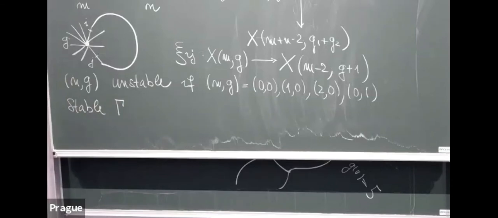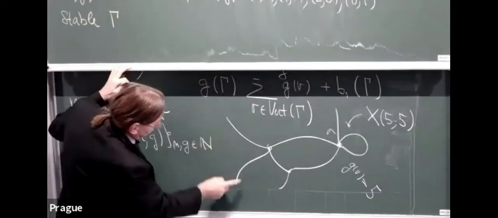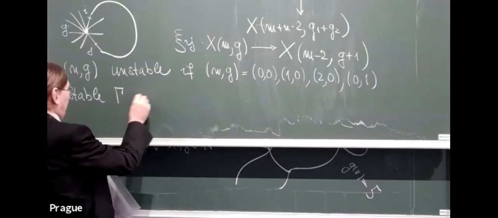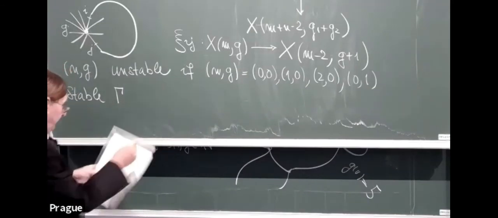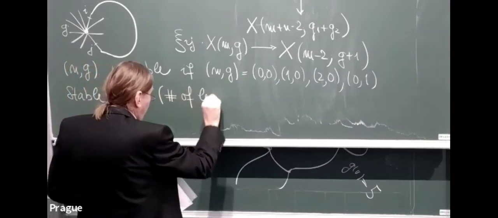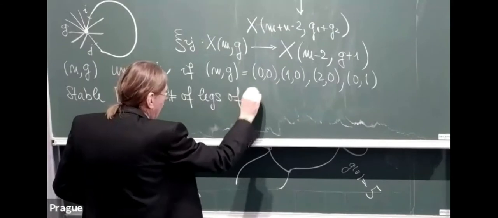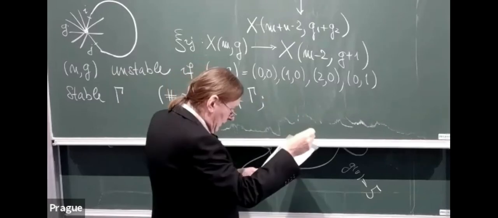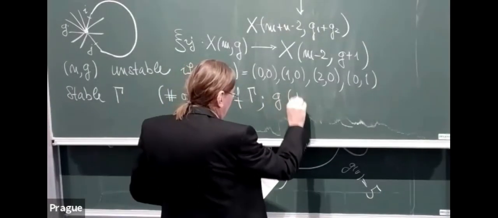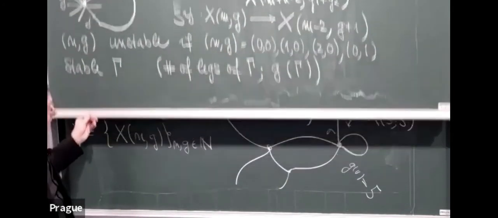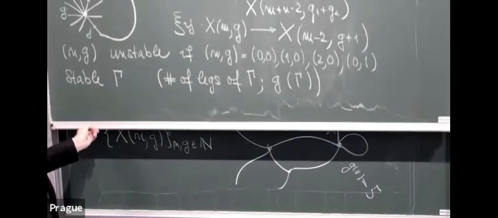So, stable graph. It has some number of legs, these external half edges. A graph gamma is stable if the couple consisting of the number of legs of gamma and the genus, which was defined above, is stable.